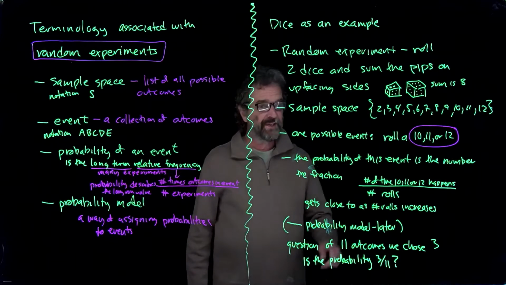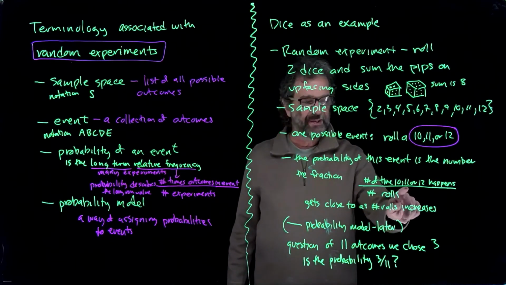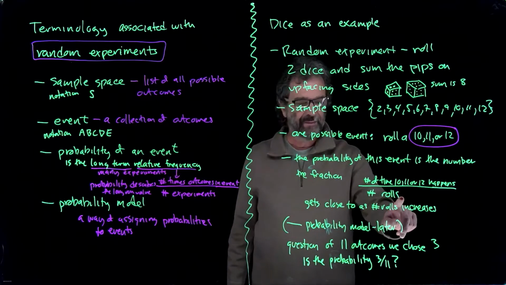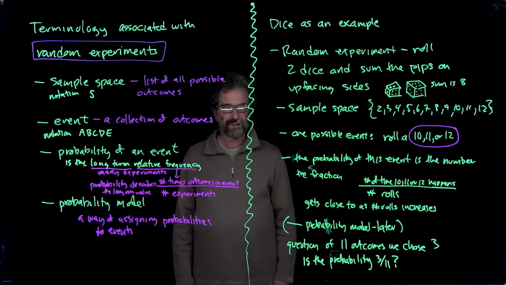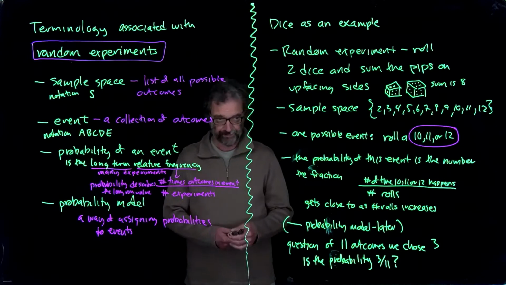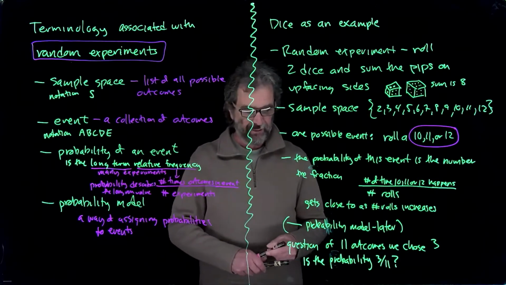The probability of this event is the fraction, the number of times you see 10, 11, 12 divided by the number of rolls, that it gets close to as the number of rolls increases. So with more and more rolls, that fraction should get close to some number. And the probability model question, we're just going to do that later.